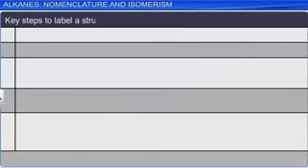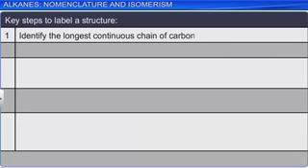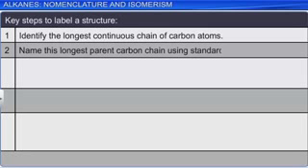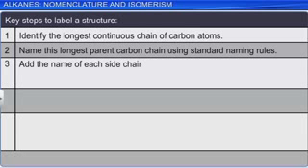The key steps to label a structure are: identify the longest continuous chain of carbon atoms. Name this longest parent carbon chain using standard naming rules. Add the name of each side chain before the name of the parent carbon chain.